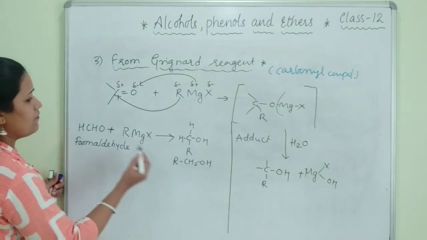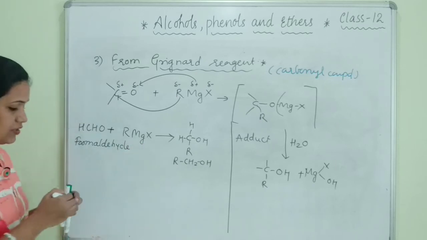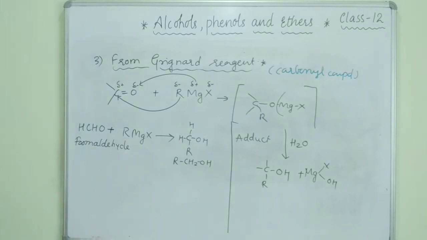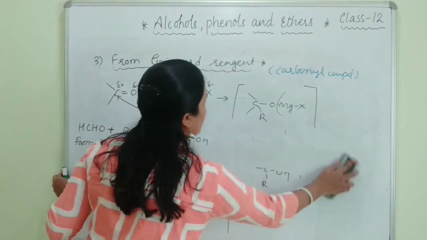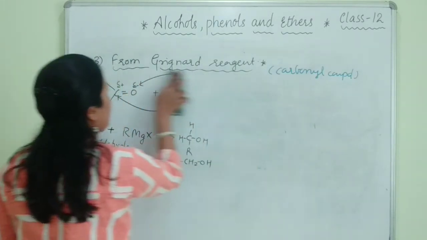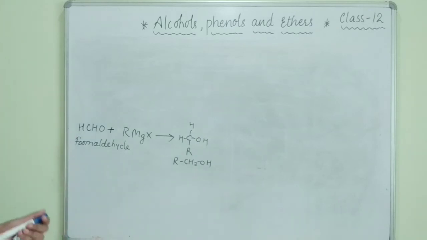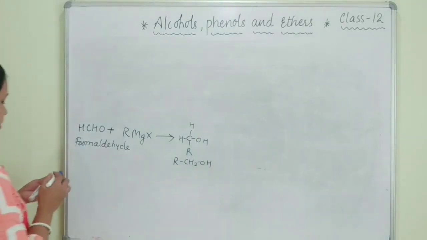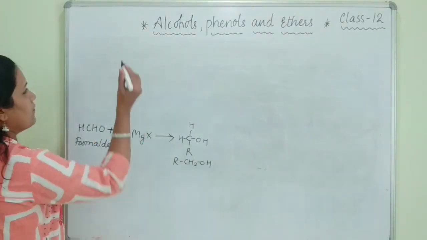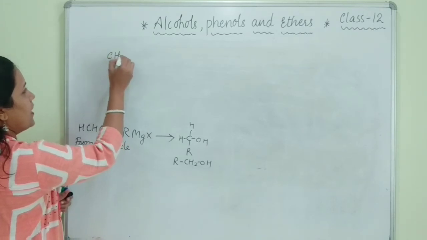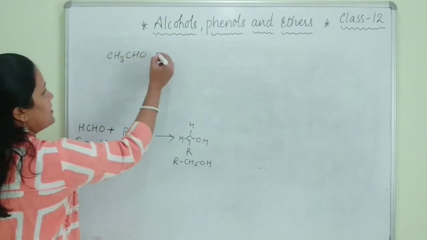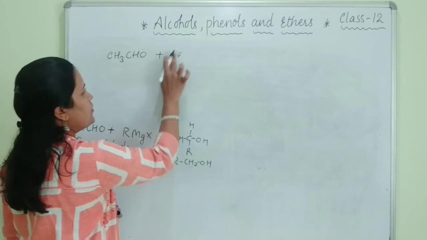Then it would depend upon RMgX. Now I will give some proper examples, and I will make you understand how these Grignard reagents form alcohols. Students, this is one of the very important reactions for conversions. How can I do the conversion? For example, if I write acetaldehyde, acetaldehyde reacts with RMgX.